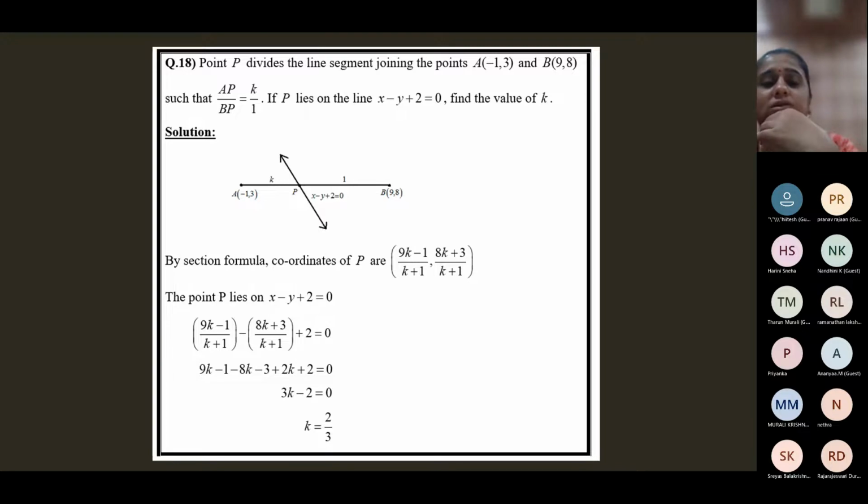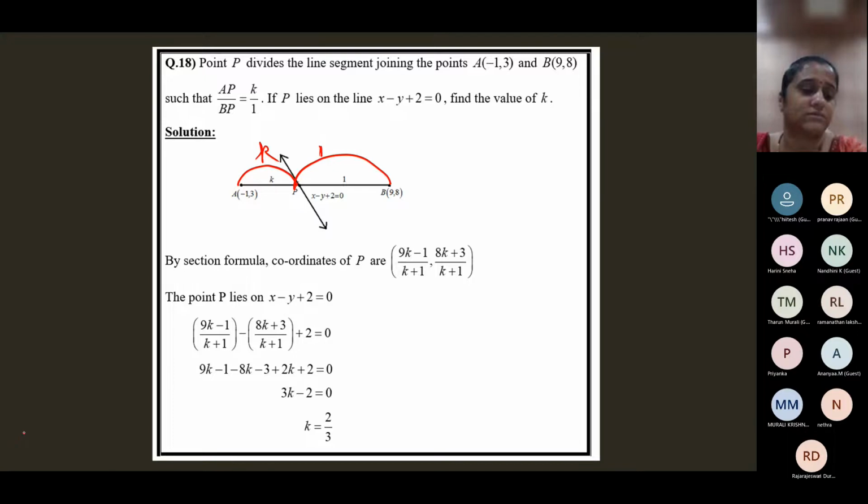So by section formula, ratio k is to 1, find the coordinates of P. Because section formula, you can find the coordinates of the point of division. The point of division is P. P only divides AB in the ratio k is to 1. AP by BP, AP is k, BP is 1.